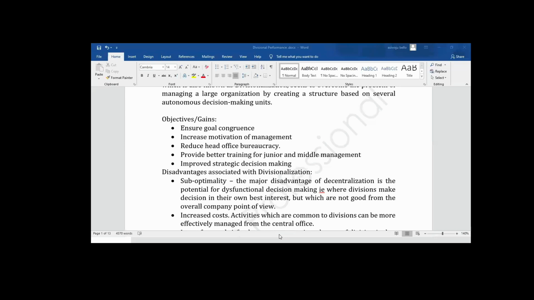Number four, divisional structure provides a better training ground for junior and middle management staff. Number five, it improves strategic decision making. These are the objectives and benefits of divisional structure.